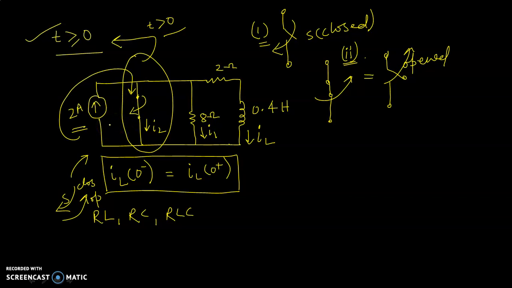Why? Because the short circuit path has the least possible resistance as compared to all other paths available in this particular circuit.